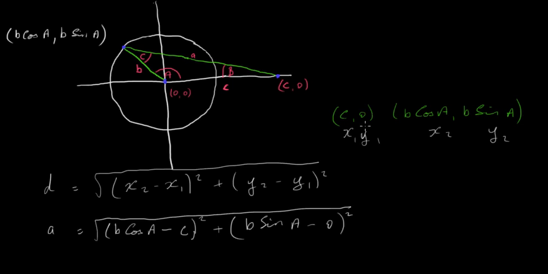So by putting the y1 here as 0, we have the 0 as being negative. If we had these the other way around, we'd have the negative in front of the b sine a, which wouldn't be a huge problem, but might be slightly easier this way.